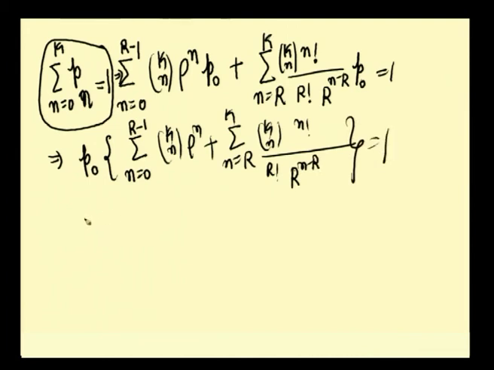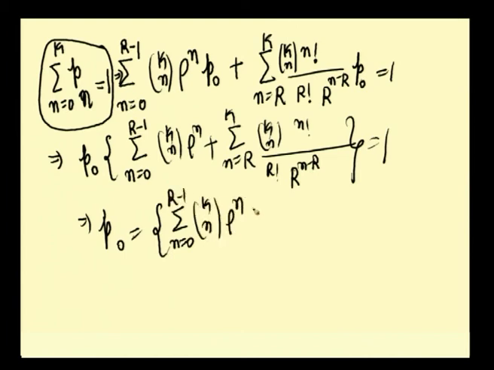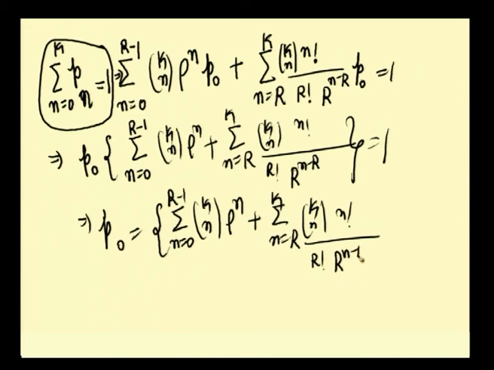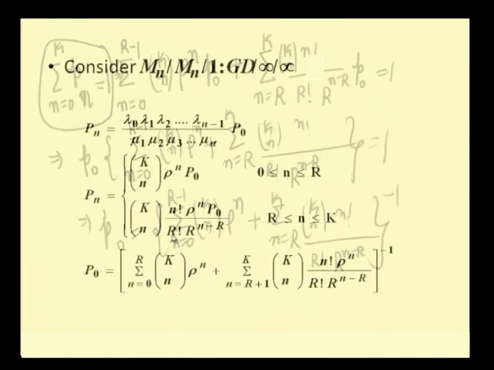So, this implies that P naught equal to the whole expression in the denominator, n equal to 0 to R minus 1 K C n rho power n plus sigma n equal to R to K K C n n factorial divided by R factorial into R power n minus R, the whole inverse. So, this is what we had seen in the expressions there.